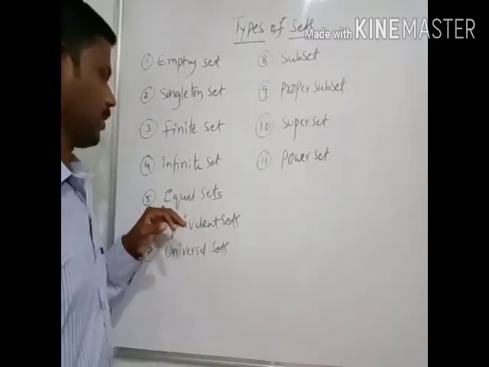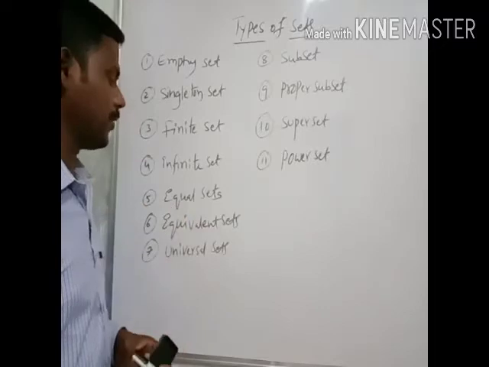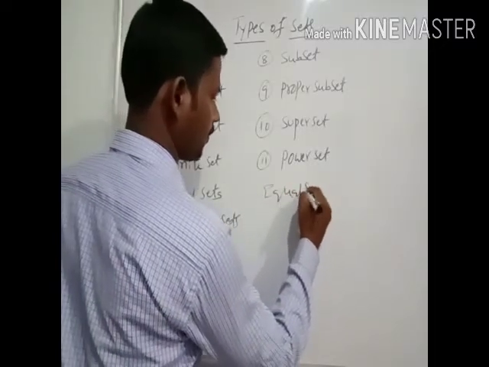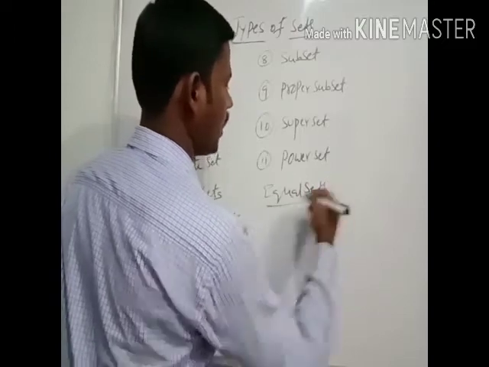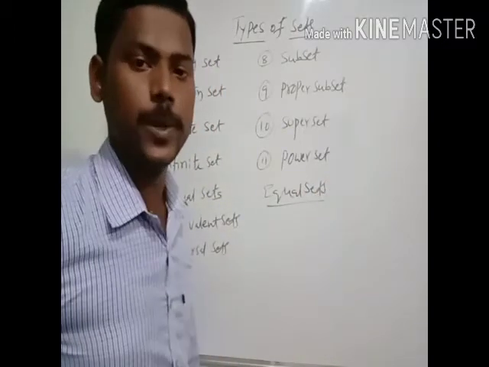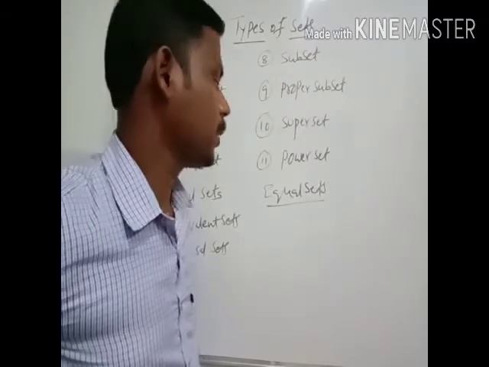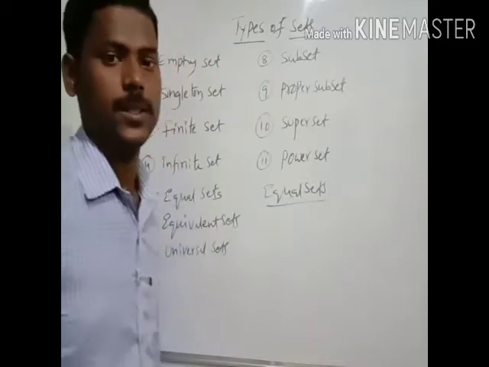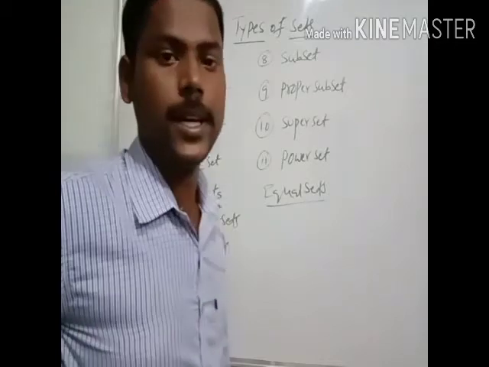So we see the definition of equal sets. Fifth one, equal sets. What are equal sets? If two sets have the same elements, then the two sets are called equal sets.